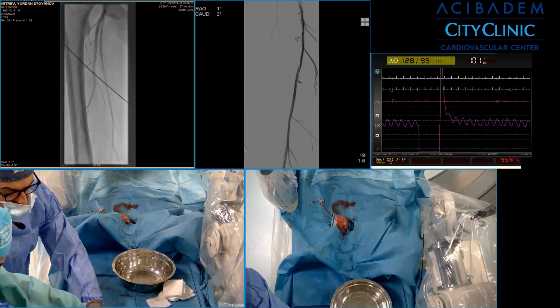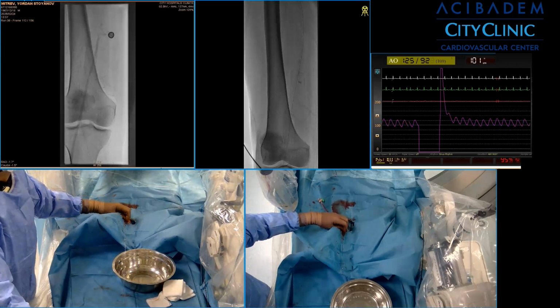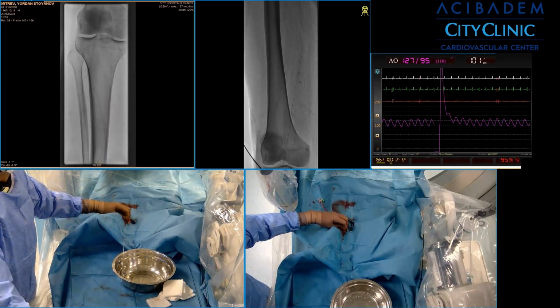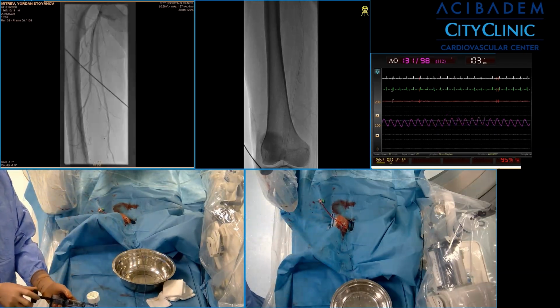The primary choice always is the posterior tibial, if it's not occluded. And we use the anterior in the case when the posterior is occluded.